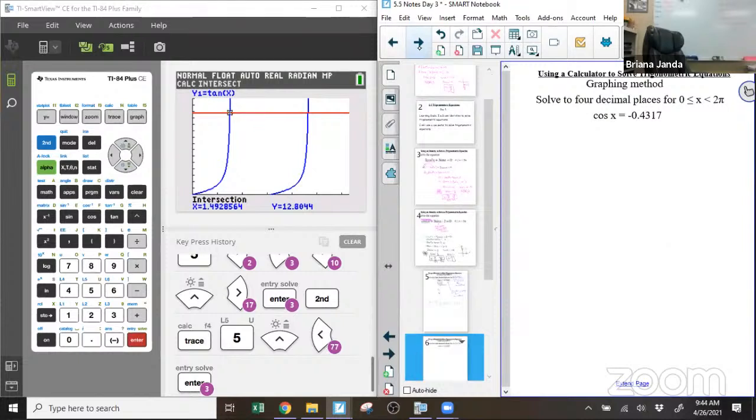Actually, we're going to try 2 more because the last one has a double angle in it. That's fine. Okay, so I'm going to walk through this one again. I know that's kind of small up there. It says cosine of x equals negative 0.4317.